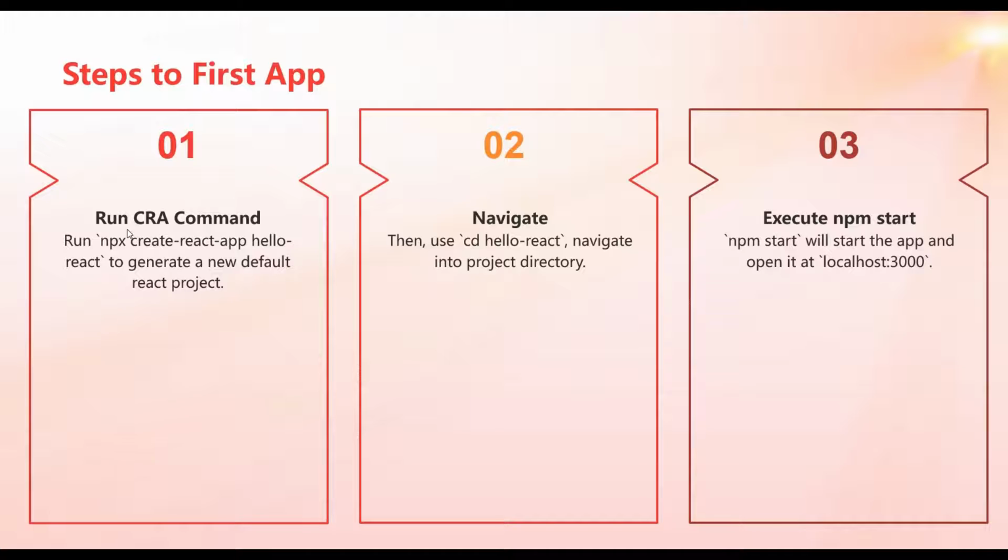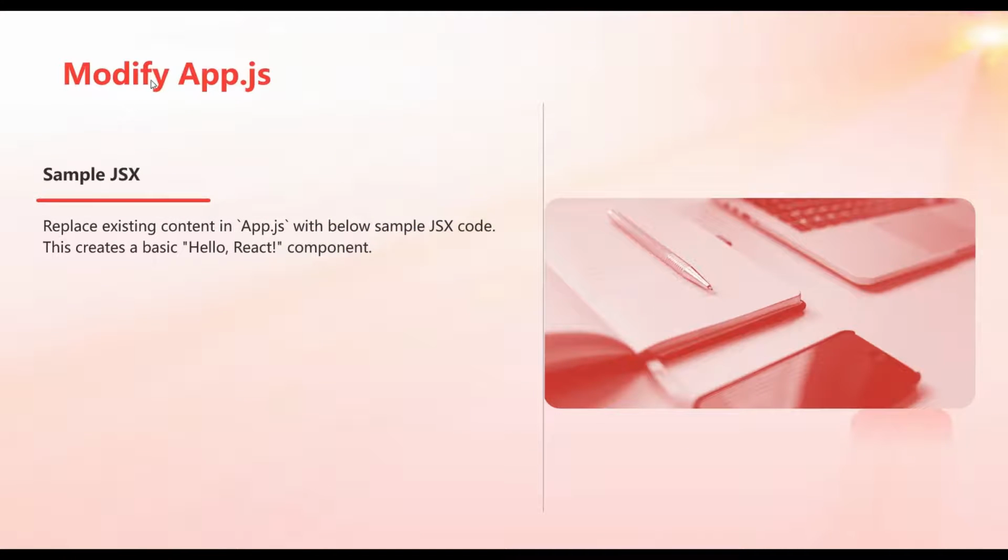But this is the CRA command to create the React application. Next, we can create a sample JSX. I will explain what JSX is later on, but for the time being, let's just try to understand these conventions. We are going to replace the content of App.js with some code, let's say a hello react component.